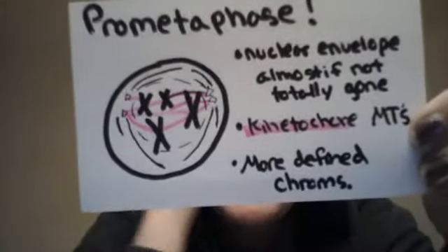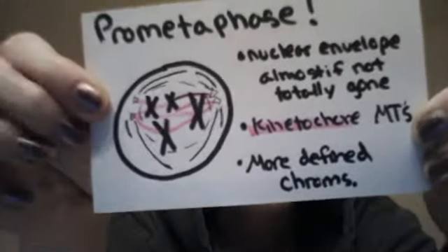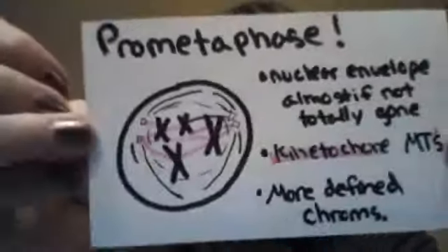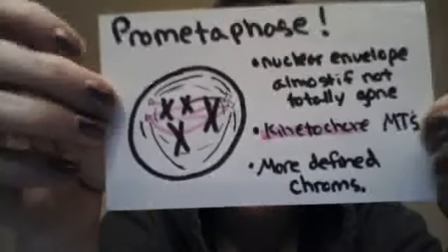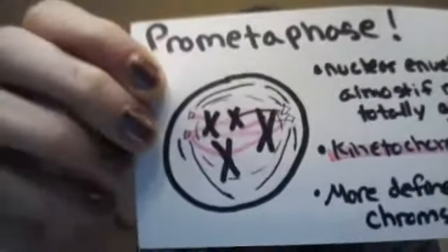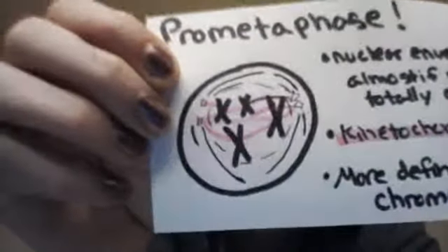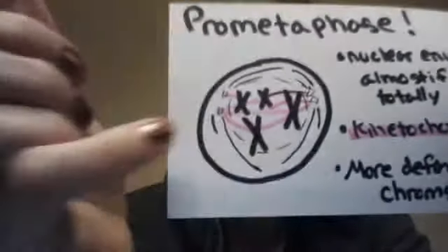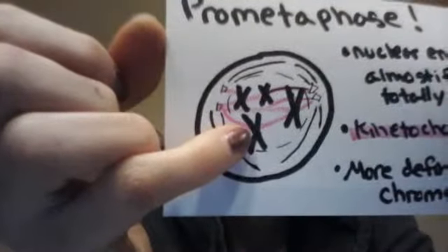And then these things called kinetochore microtubules, MTs is what I'll abbreviate it as, microtubules form. Kinetochore is essentially the little, you can't really see it, but you see each of those X's is a homologous pair of chromosomes. And where the X's bisect, that right there is the kinetochore.